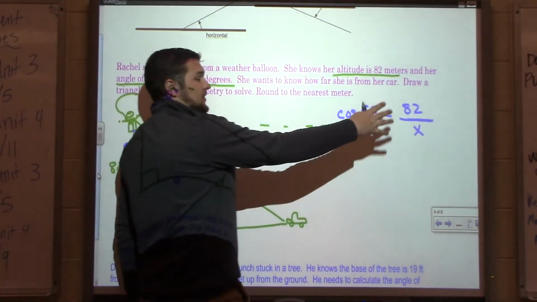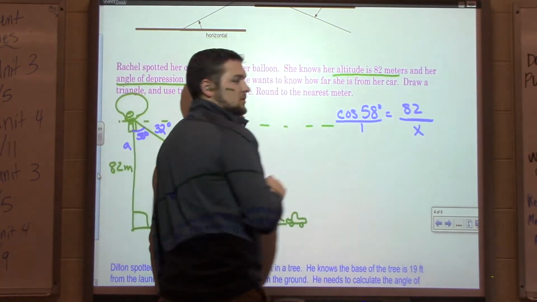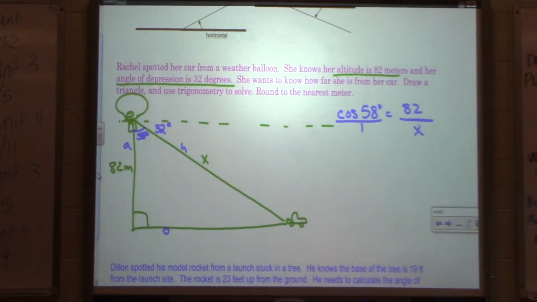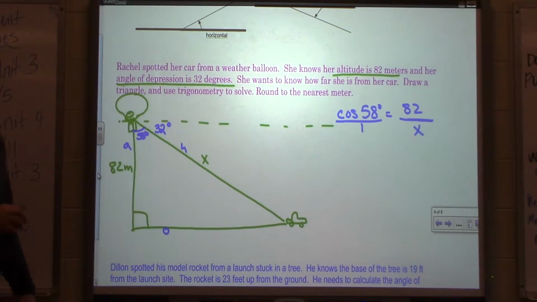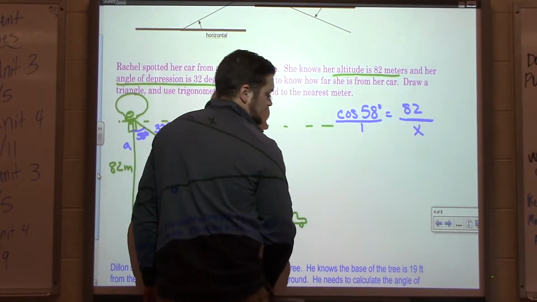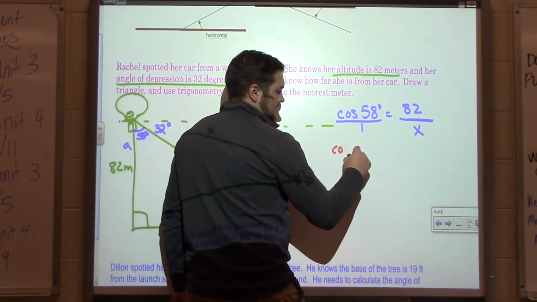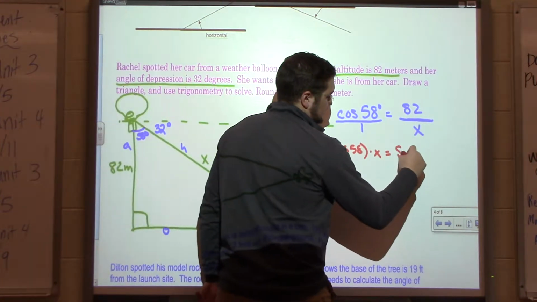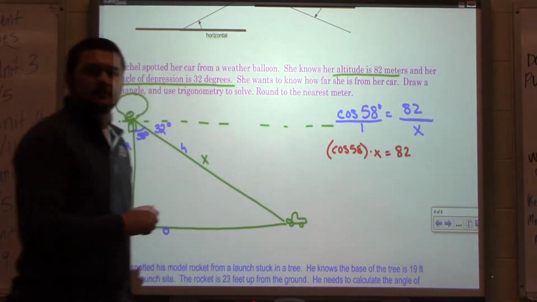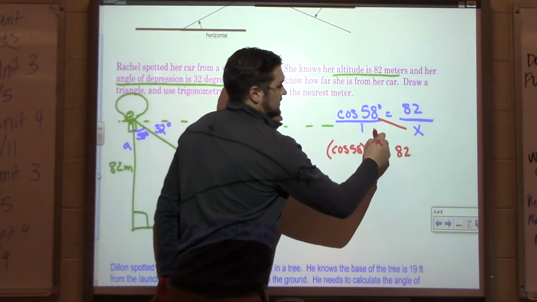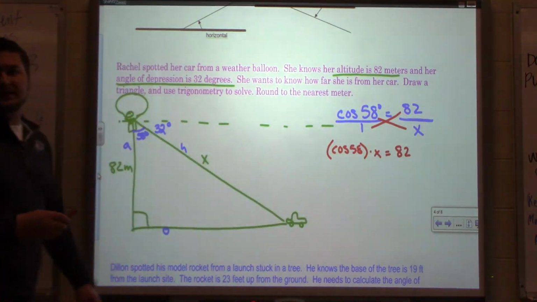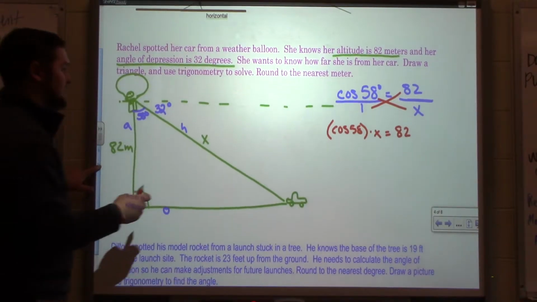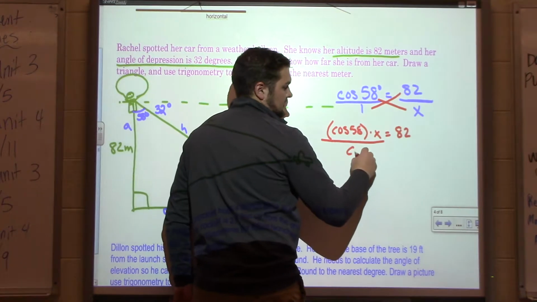The easiest way to think about it from here is to put cosine of 58 over 1 and then cross multiply. Okay? When I cross multiply, I get cosine of 58 times x equals 82. Right? Cross multiply. So how do I solve for x? Divide by the cosine of 58.